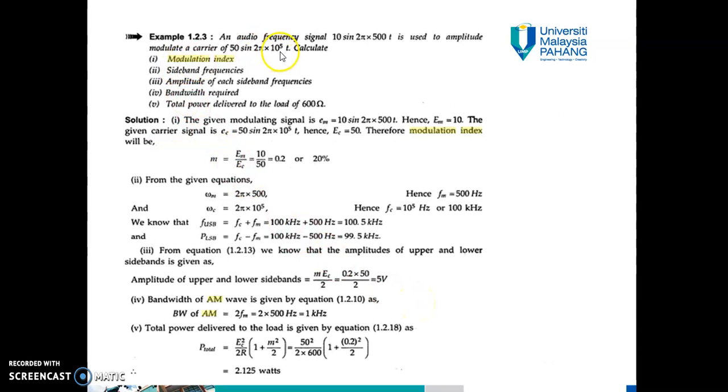Basically, for example, with this formula for audio, sometimes we give you VA sine 2 pi 500t. So here is F, omega. This is audio, right? And this is the carrier. So from here, what is the signal for the carrier, and the signal for our audio?